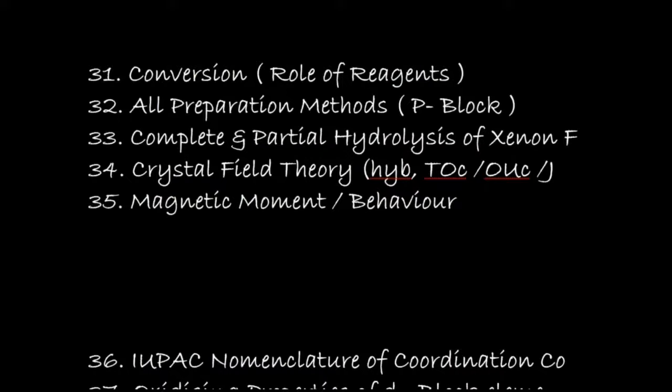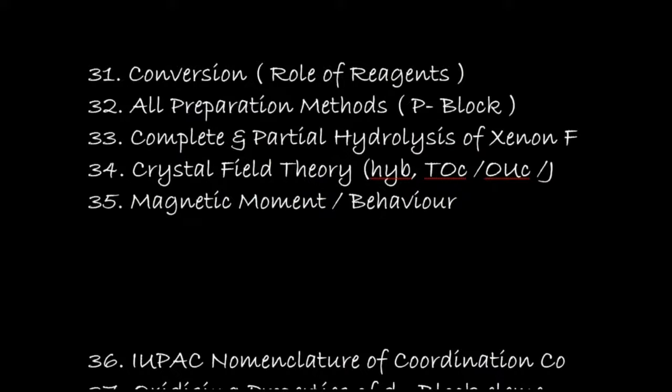So the role of the reagents is also equally important. Okay, which reaction, the distinguishing part, that is also important. Then all preparation methods of p-block elements that we already know. We just discussed the p-block elements in just 20 minutes. You can watch that video if you're not strong about that, but start practicing the questions now.